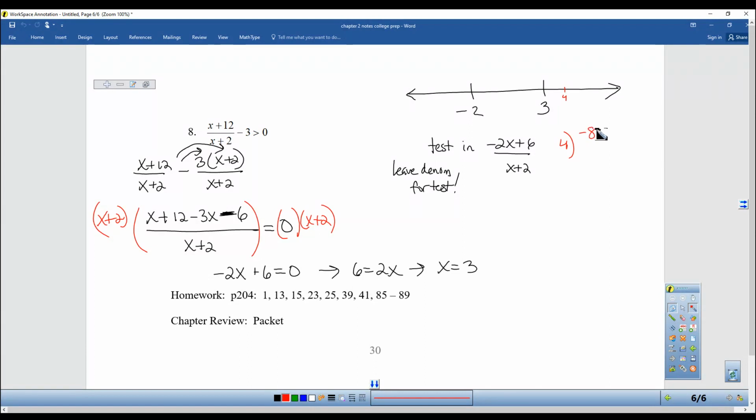4 is going to give me negative 8 plus 6 over 4 plus 2, which is a negative over a positive. I do love just doing positive and negative. It's much easier than getting the actual number. I'm going to check 0 in this section. 0 plus 6 over 0 plus 2 is a positive over a positive.